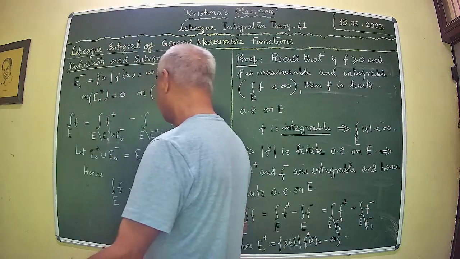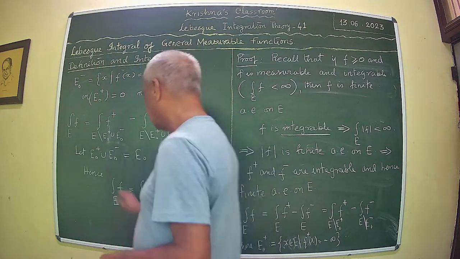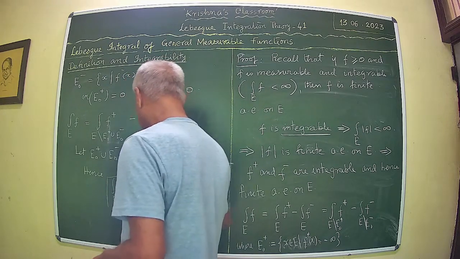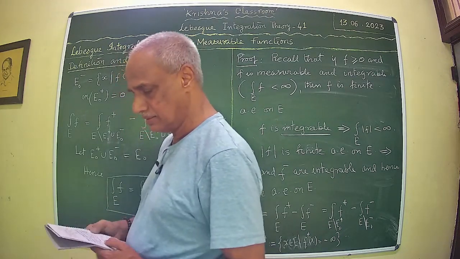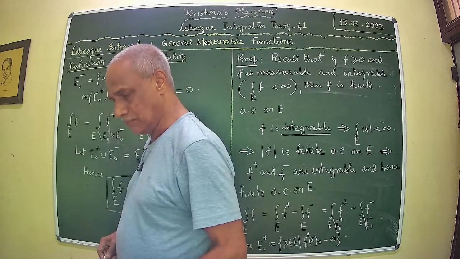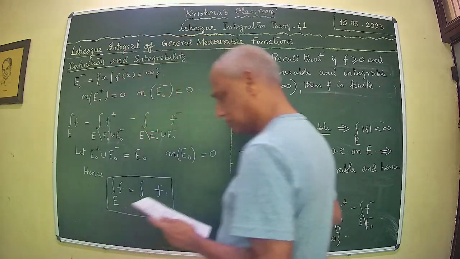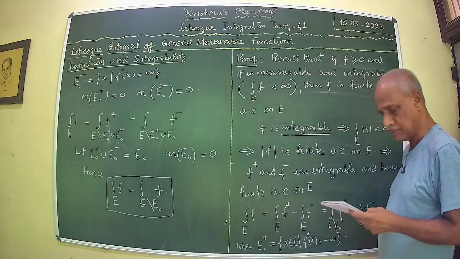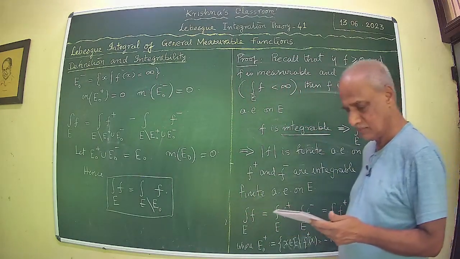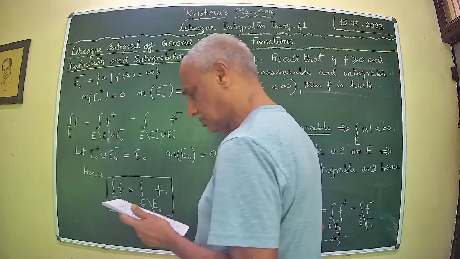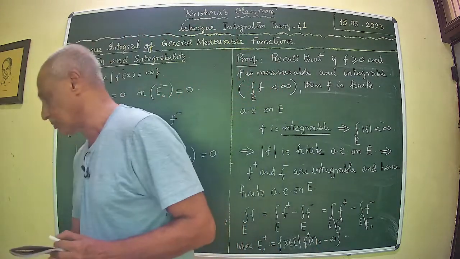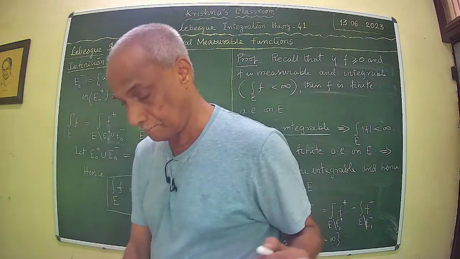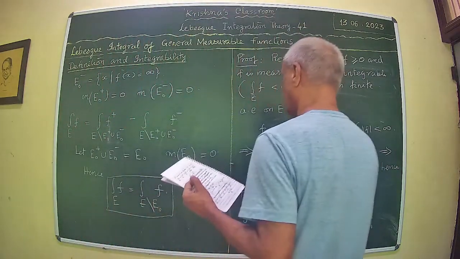It doesn't matter. So this is something that we observe, and henceforth we shall assume that f is a measurable function on E. Right, so let us work this.